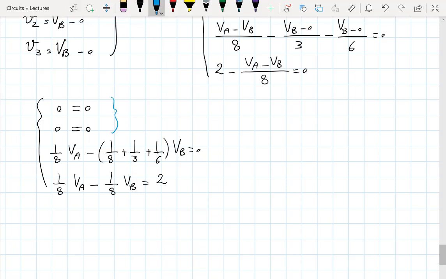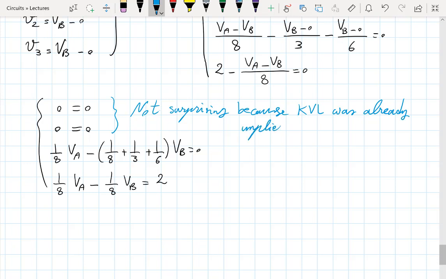Okay, so this is not surprising, because KVL was already implied in the concept of element versus node voltage.